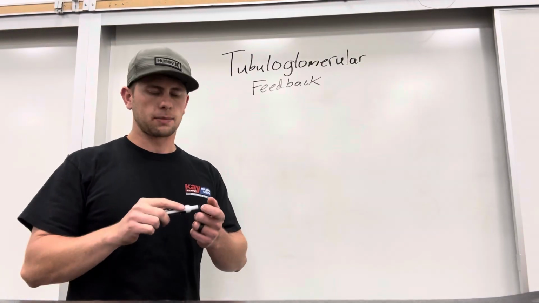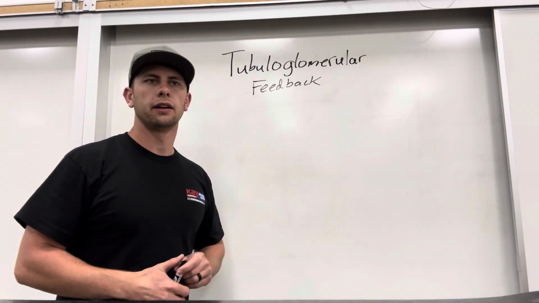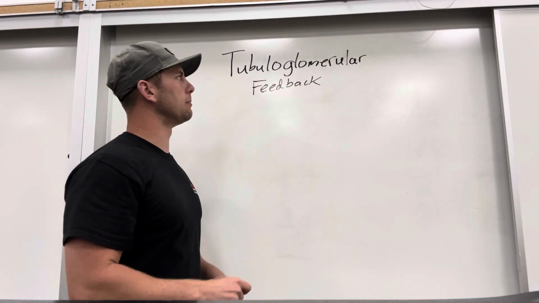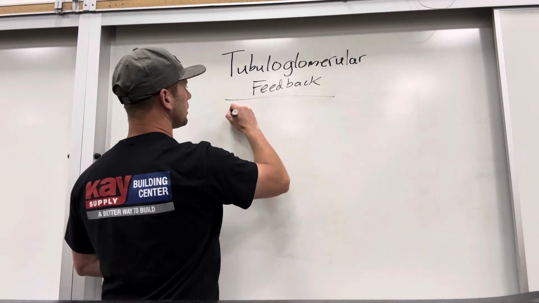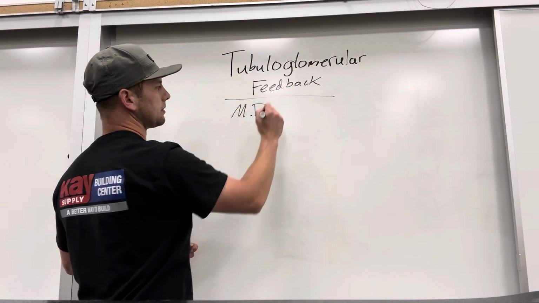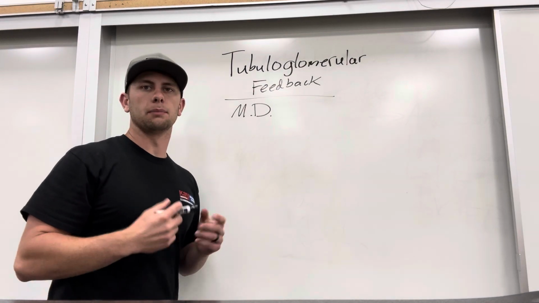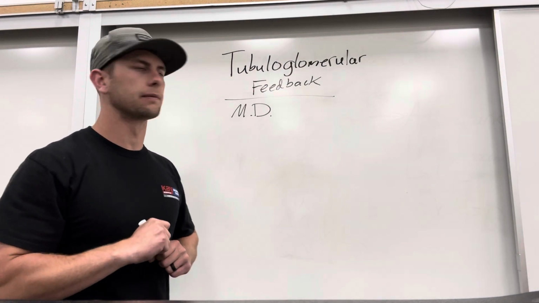Okay, now we're going to talk about some feedback systems to keep our GFR in normal range. So we have the tubuloglomerular feedback, and that happens in the macula densa cells. We've already talked about those. In the macula densa cells, we sense concentrations of NaCl.